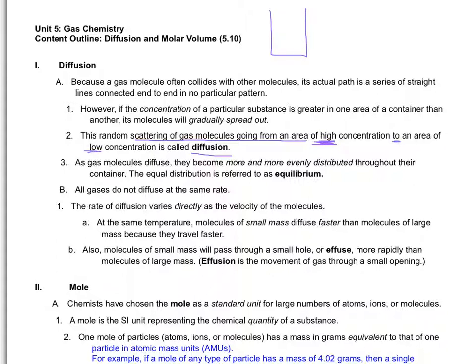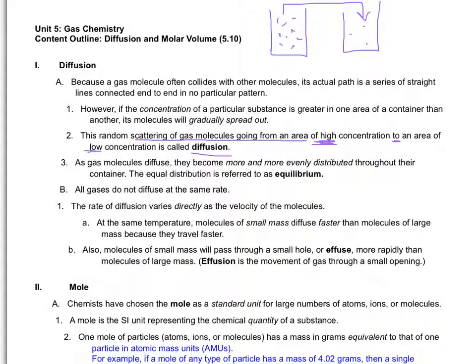So if I have 2 beakers of gas and I have a whole lot of gas particles in one and only a few gas particles in another, then they will always flow from the high to the low. That's diffusion.